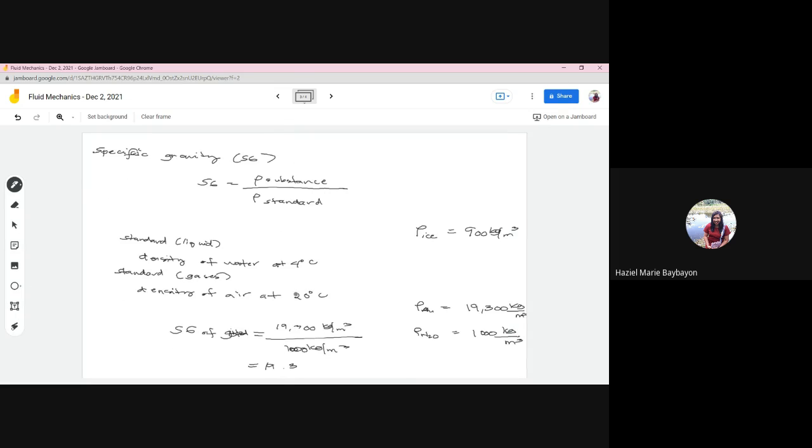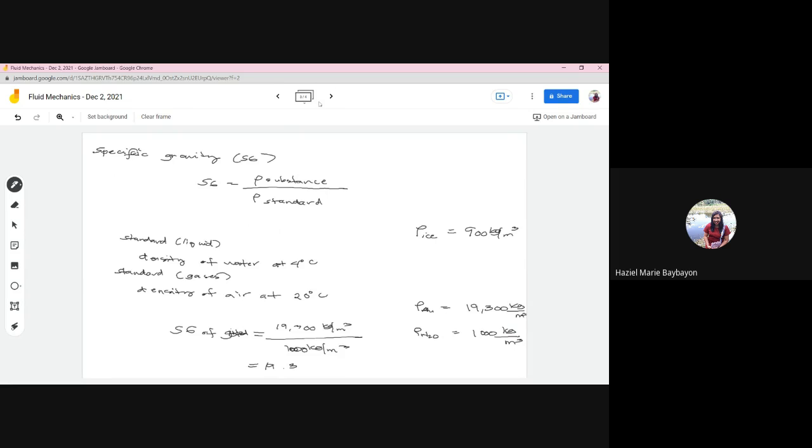Let's go back to gold. The specific gravity of gold is 19.3. Since this is greater than 1, gold bar or any form of gold will be submerged in water.